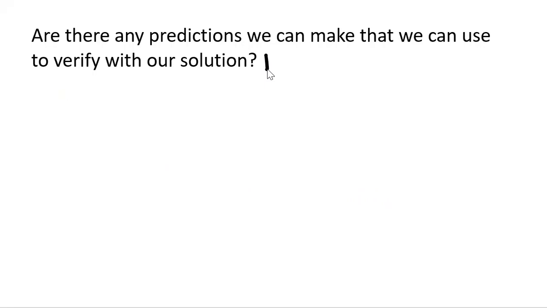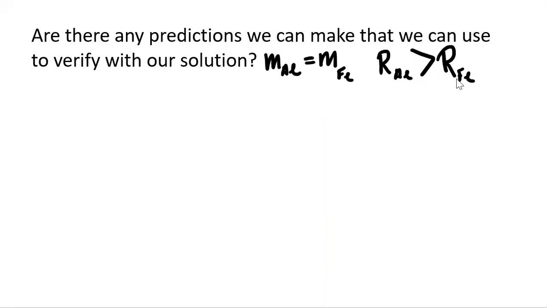I'm going to say that the mass of aluminum should equal the mass of iron, and I'm also going to say that the radius of aluminum should be greater than the radius of iron. Now the first is a little more obvious than the second, but let's work out both of these and try to justify why these are great predictions for this problem.